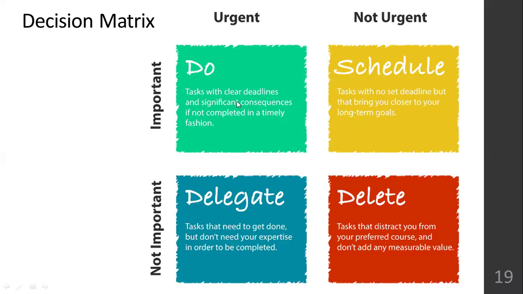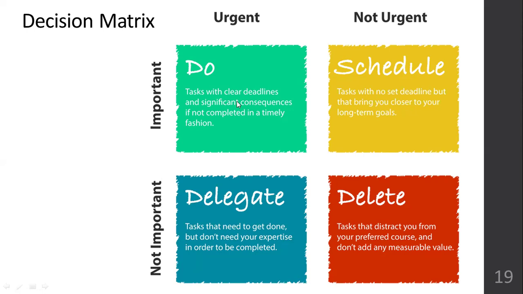Then we have the decision matrix. The decision matrix will help managers understand how much task they have to complete. Out of that, which task is important, by when it has to be completed, which task is not important, which task they have to delegate.